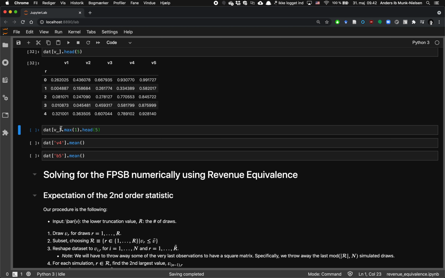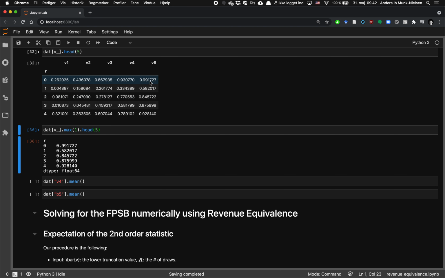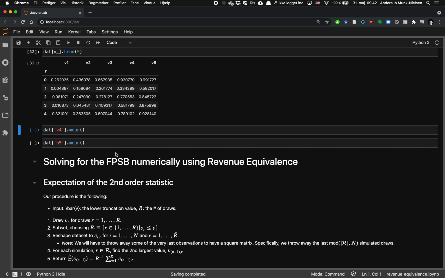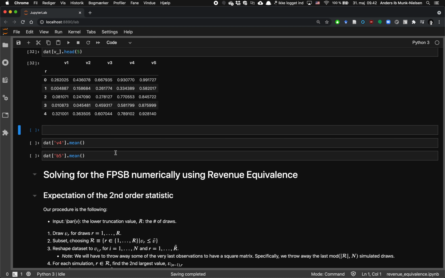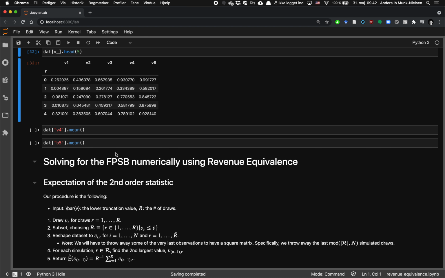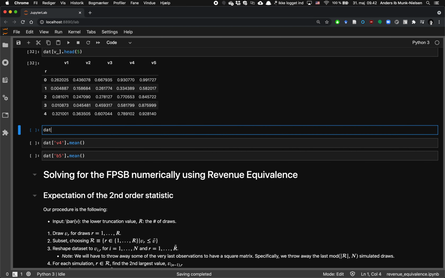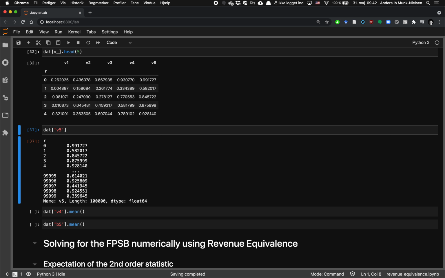Take the maximum along the first axis and just look at the first couple of ones, and what we can see is the first one is 0.9917, and so that's the same number which is here, and 0.58, and that's the number which is here. So that's great. So it's actually giving us the same thing as if we just took that of V5, which is the maximum.